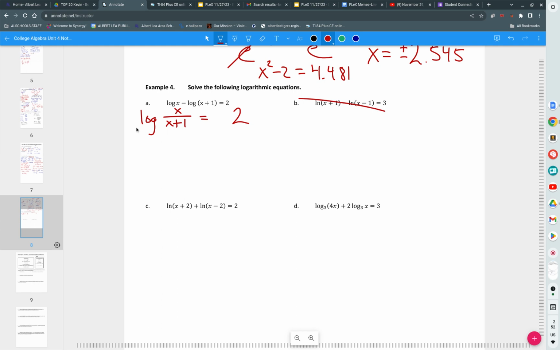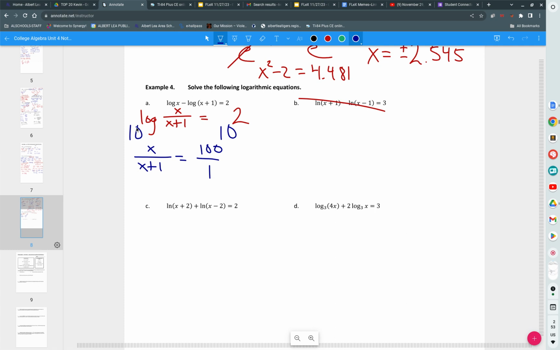I don't have a base here. What is the base for log? 10 is the assumed base when it's not written. Good. I create a base of 10. I have x over x plus 1 is equal to, and 10 squared is 100. I'm going to write that over 1. This came up in your assignment today as well. I have x over x plus 1 is equal to 100 over 1. It's best to cross multiply in that situation.